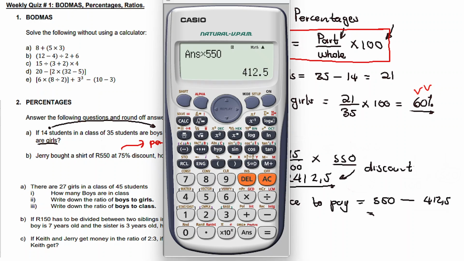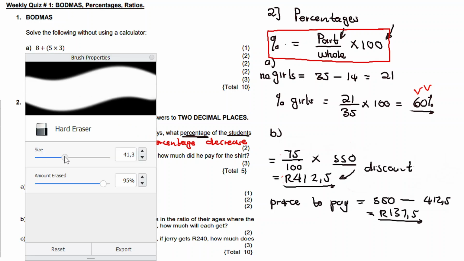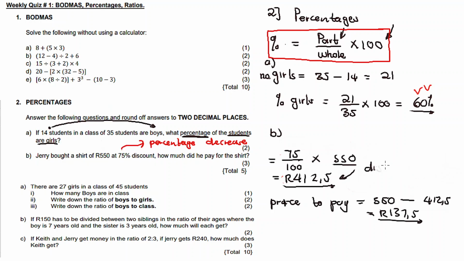The answer is 550 minus 412.5, which is 137.5. So this is the price to pay, right? But I always prefer the first case. All right, so this is it for percentages.